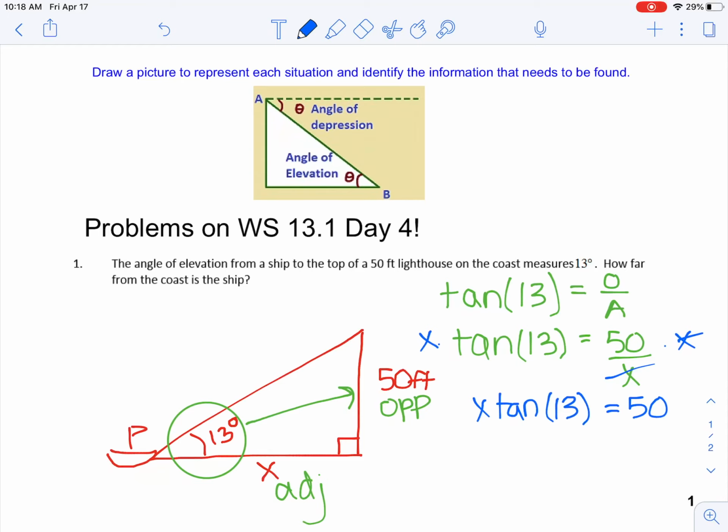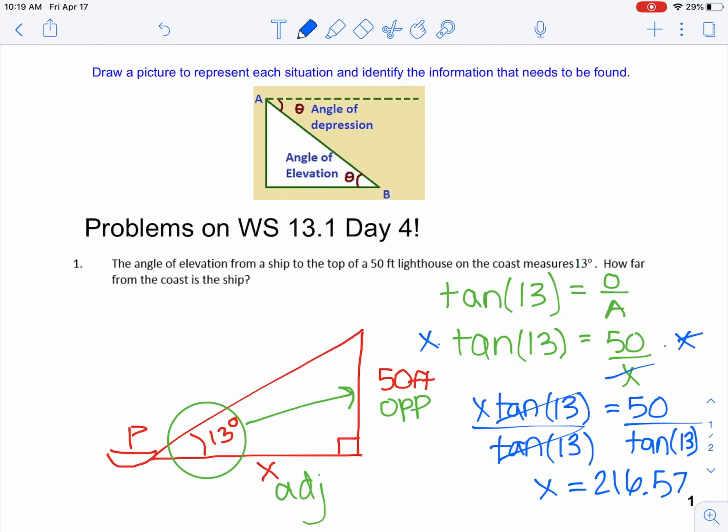So last step, to get x by itself, we would need to divide both sides by the tangent of 13. So x equals 50 divided by the tangent of 13. You can type that in your calculator and round to the nearest hundredth, and you should get 216.57 feet.